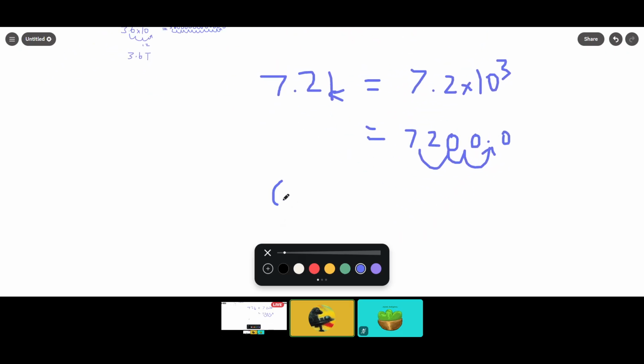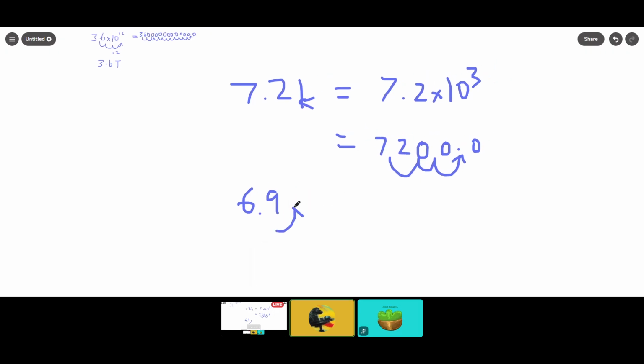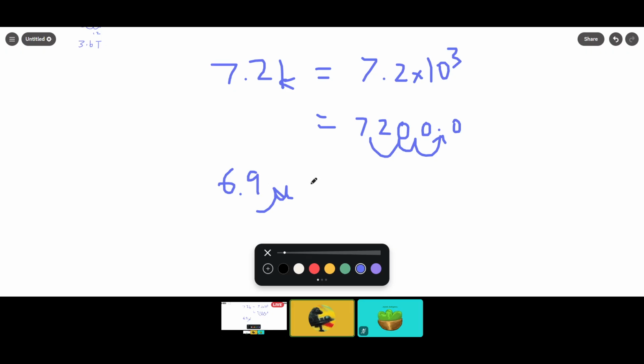Let's do 6.9 micro. You can pause the video to try that. All right. So 6.9 micro is equal to 6.9 times 10 to the power of negative 6.